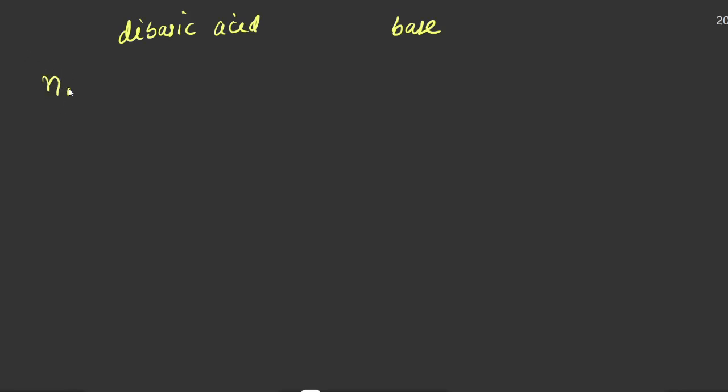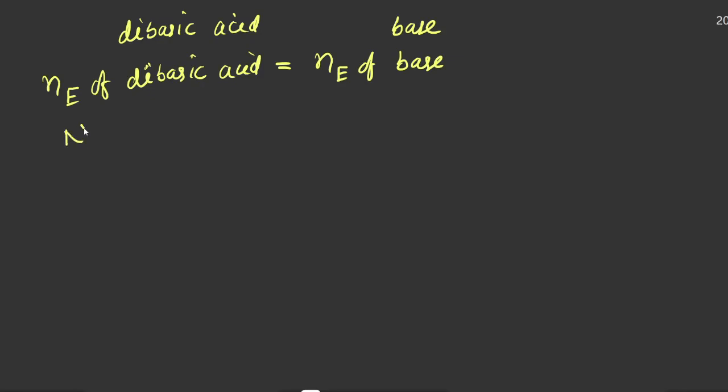So the number of equivalents of dibasic acid is equal to the number of equivalents of base. The number of equivalents is normality into volume, and for base, the weight is given, so weight of base divided by its equivalent weight.